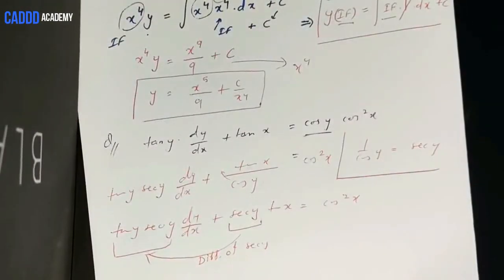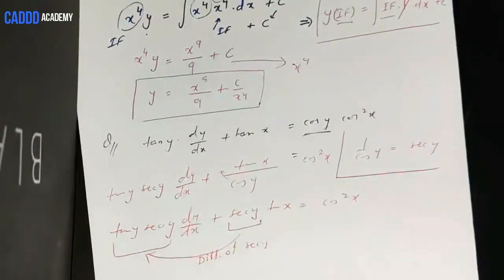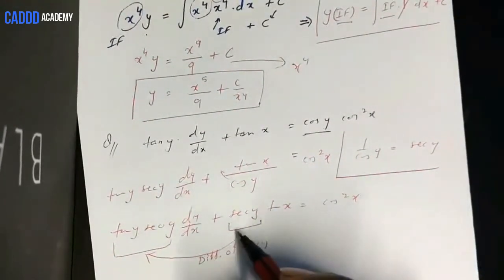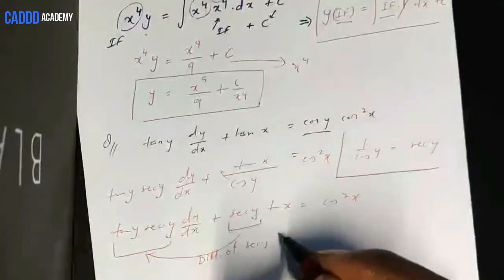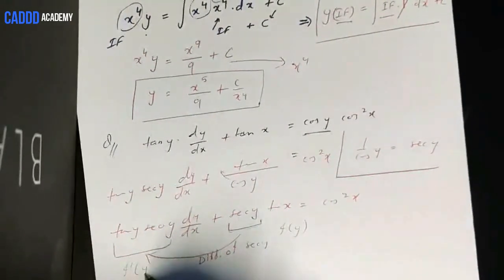So while solving a non-linear differential equation, we have to form the equation in this form, so that here we have a function, let's say f of y. So here we should have f.